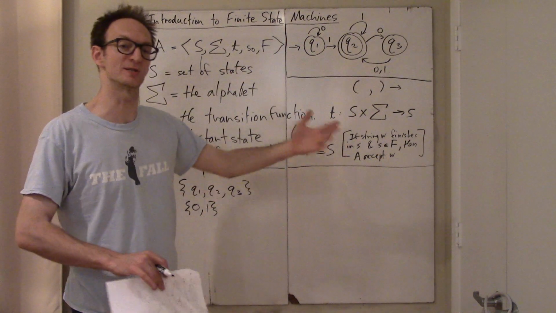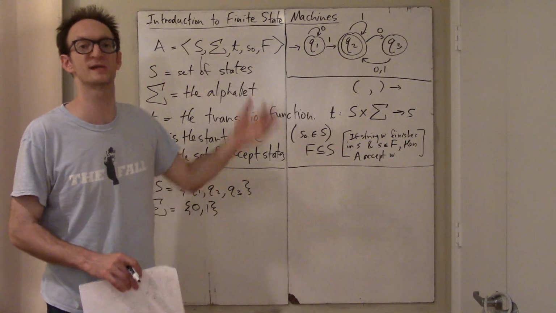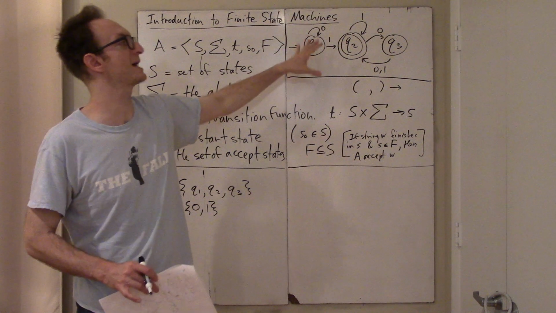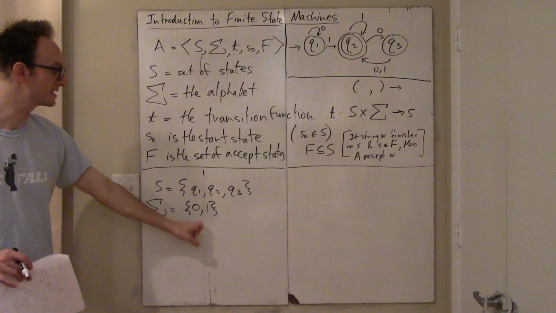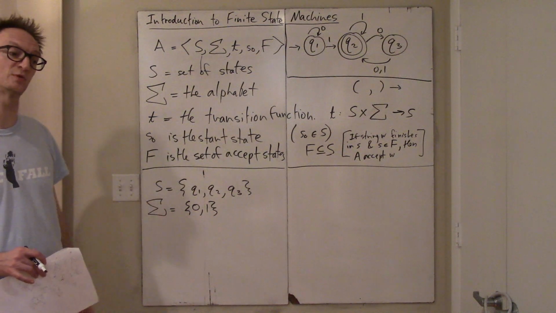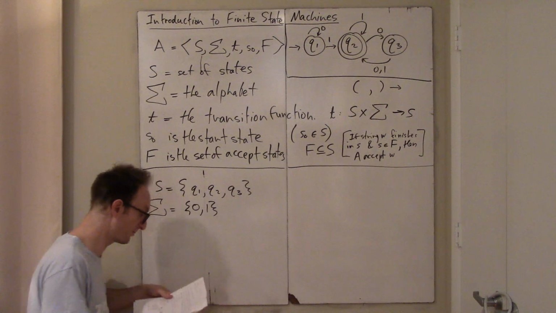But I did not tell you what to do for input, say, 2. That information is not contained in the picture, but here we're being precise that this machine is only designed to deal with inputs composed of 0s and 1s.